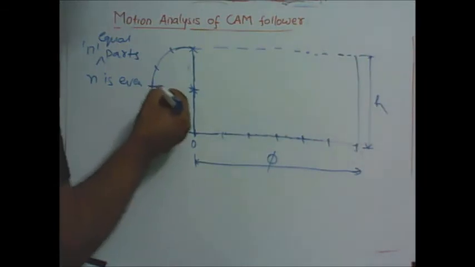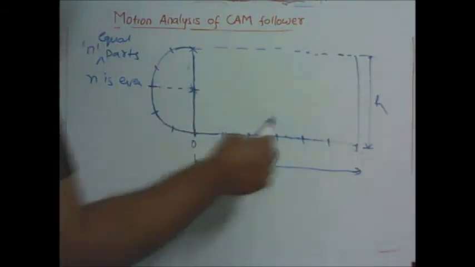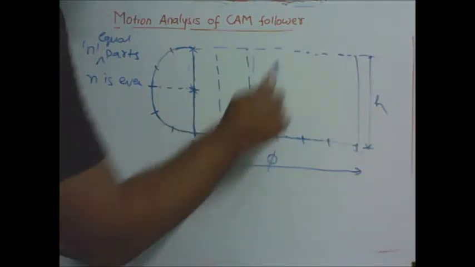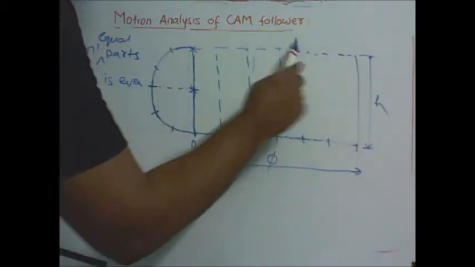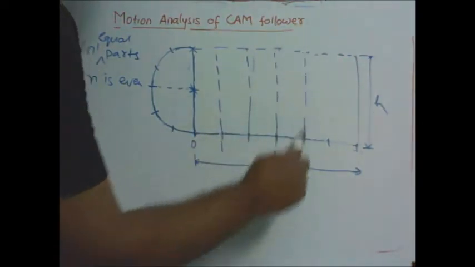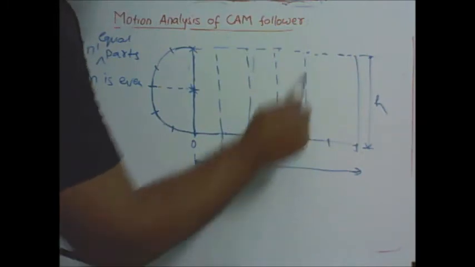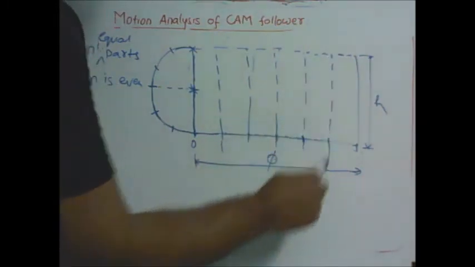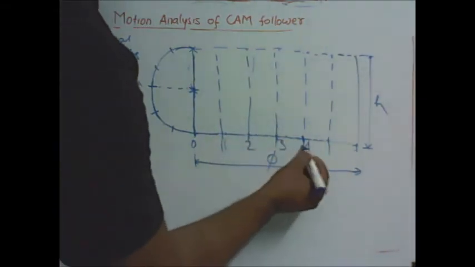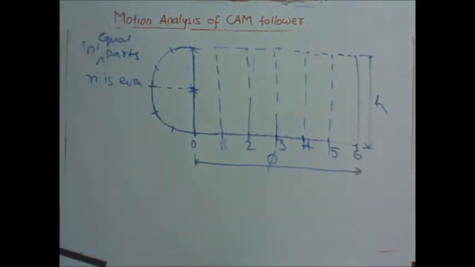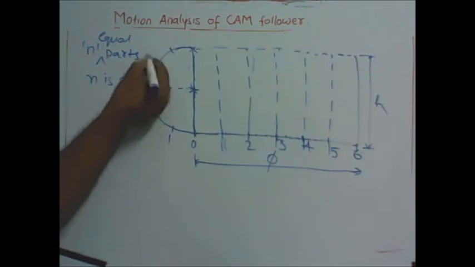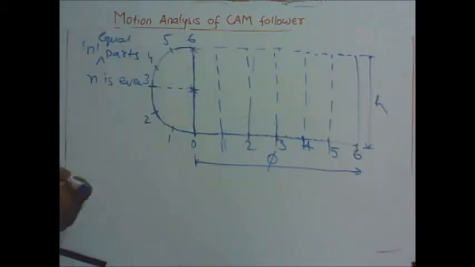Now when we draw vertical lines through these segments, this is 1, this is 2, this is 3, this is 4, this is 5, this is 6. Now this is 0, this is 1, 2, 3, 4, 5, 6.